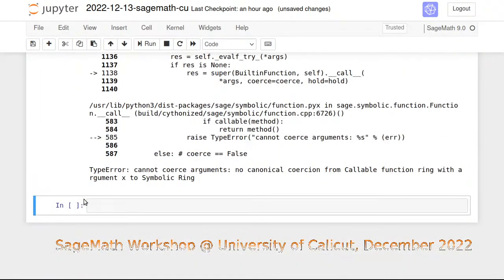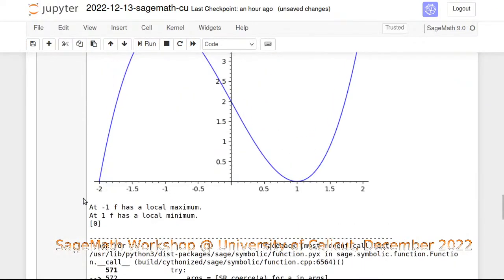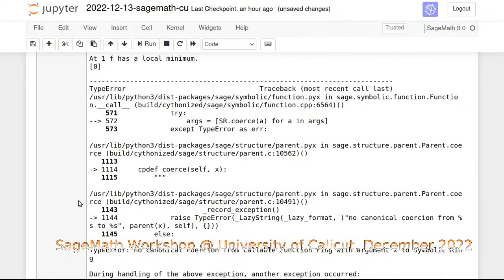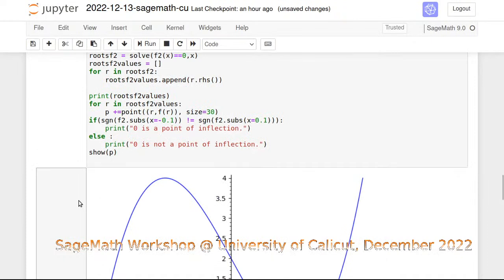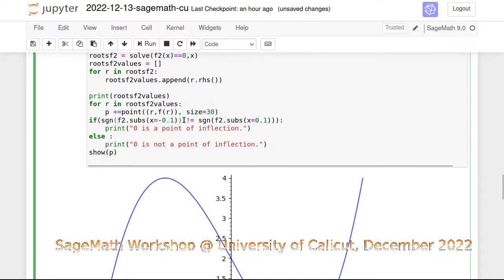Where is that else? There is one bracket extra here or what? No, this is actually the f bracket.